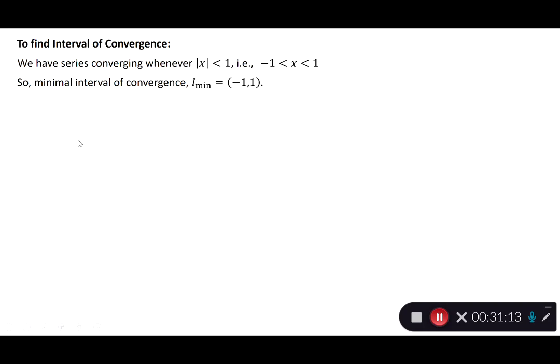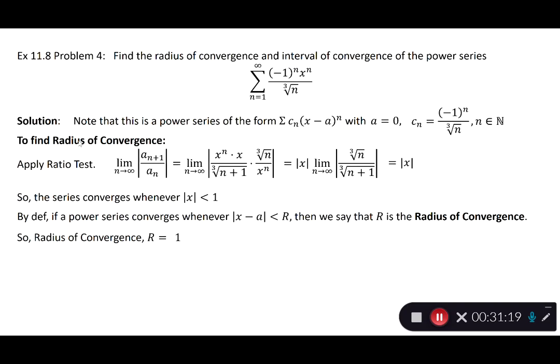That is related to the ratio test. Okay, let's go back to the test that we applied. We applied the ratio test and we got the limit of absolute value of a sub n plus 1 over a sub n to be absolute value of x. What does the ratio test say regarding convergence?